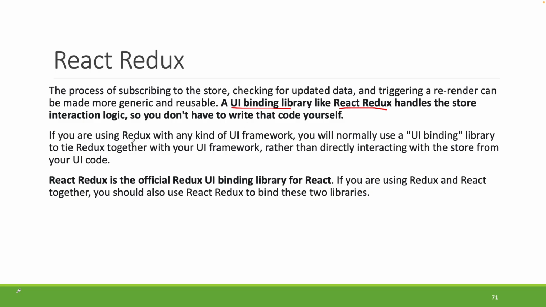So if we use Redux with any UI framework, we probably will use a UI binding library to tie Redux together with our UI framework, rather than directly interacting with the store from our UI code, okay? And React Redux is the official Redux UI binding library for React. If we are using Redux and React together, we should use React Redux to bind these two libraries together, okay?